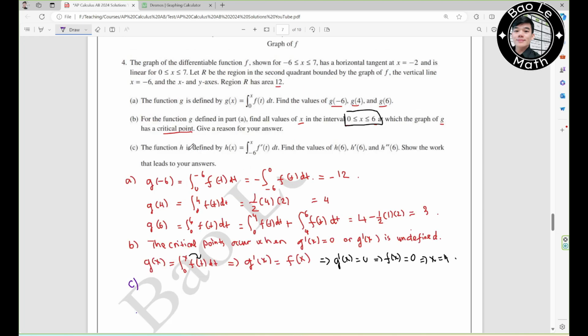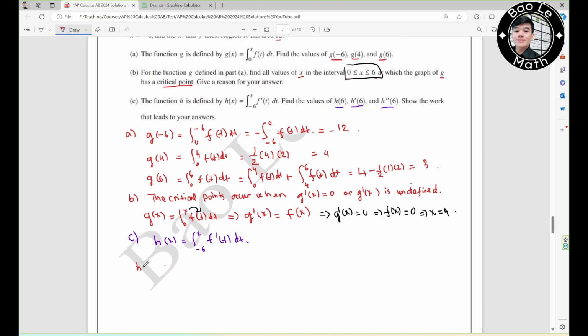The function h is defined by h of s equals integral from -6 to s of f prime of t dt. Right, so we have h of s equals the integral from -6 to s of f prime of t dt. Find the value of h of 6, h prime of 6, h double prime of 6. h of 6 equals the integral from -6 to 6 of f prime of t dt.